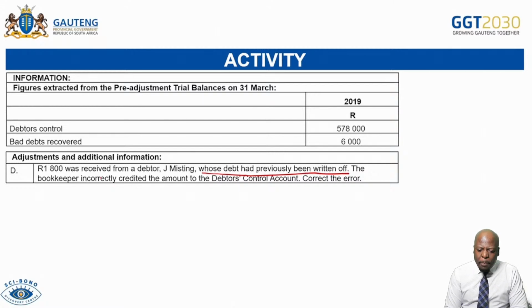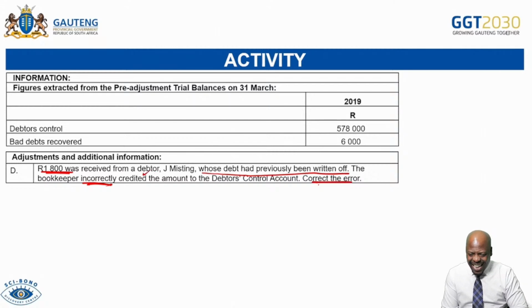Now, when he paid us the 1,800, our bookkeeper incorrectly, we are being told already that what the bookkeeper did was incorrect, credited the amount to the debtor's control. Correct the error. Okay. Now, it is very important to understand what this whole thing means.